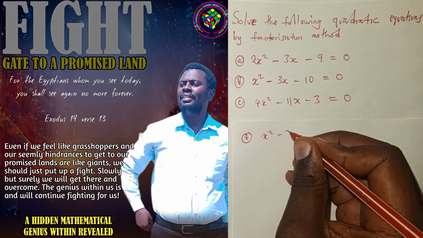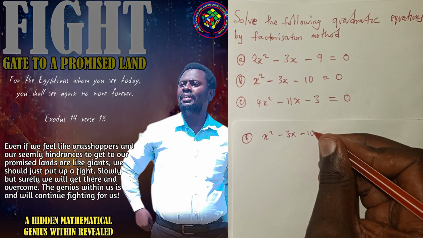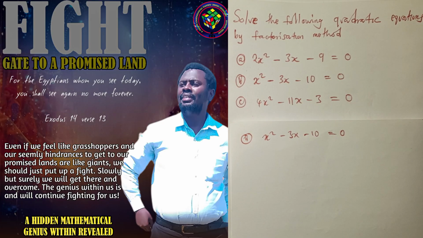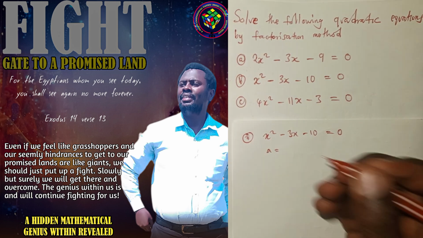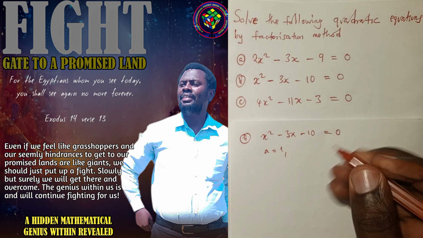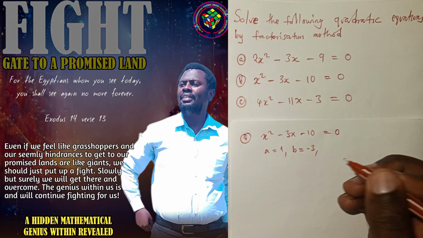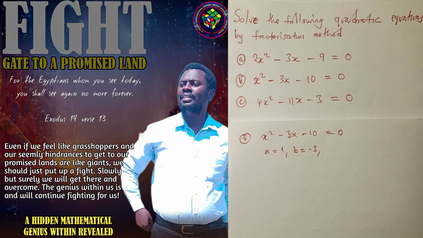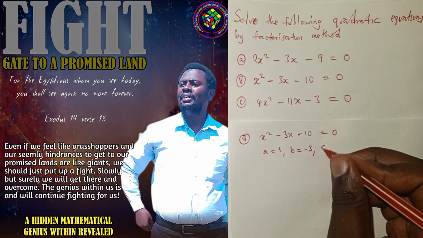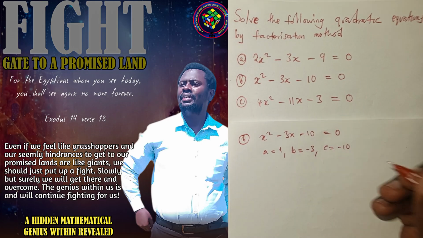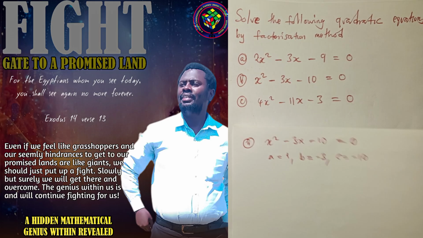We have x squared minus 3x minus 10 is equal to 0. Again, it's the same thing. We determine the values for a, b, and c. So a is the coefficient of x squared, that is 1. B is the coefficient of x, that is negative 3. And c is the term independent of x, and that is negative 10 or minus 10.